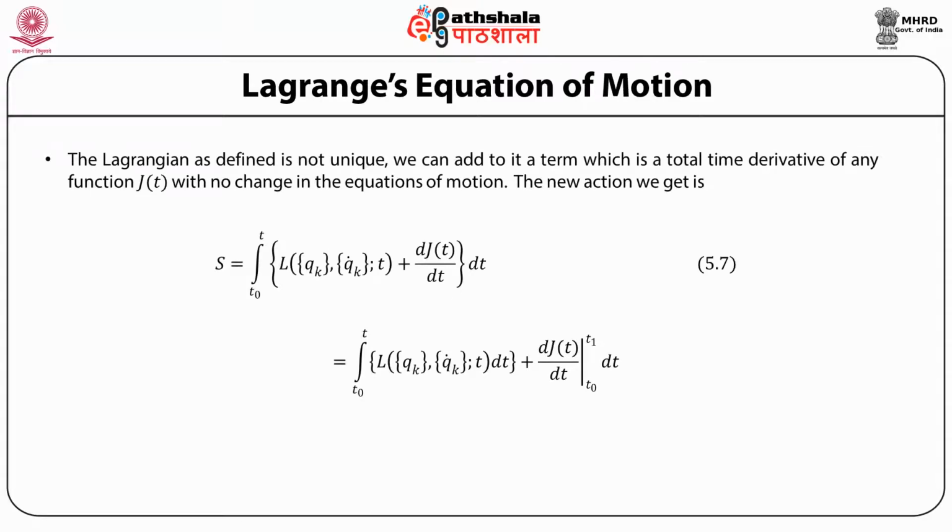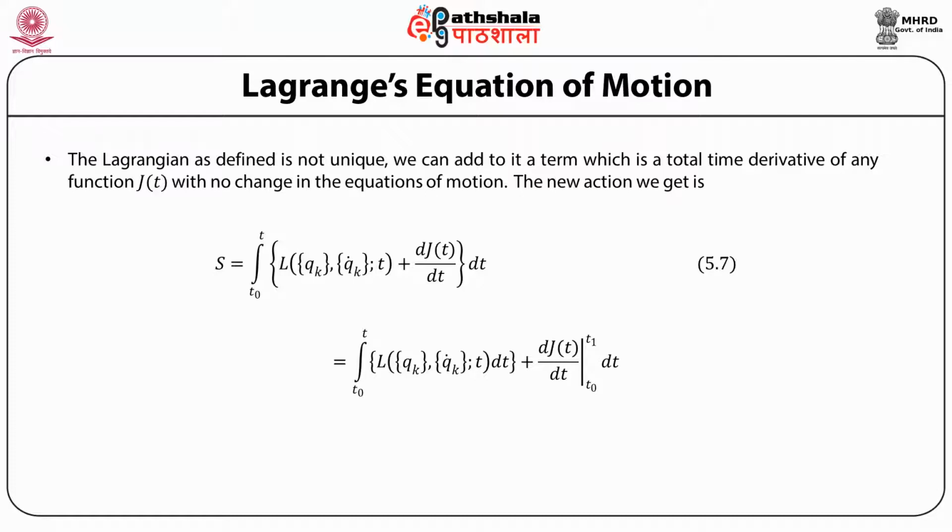The Lagrangian as defined is, however, not unique. We can add to it a term which is a total time derivative of any function J of t without in any way changing the equations of motion.